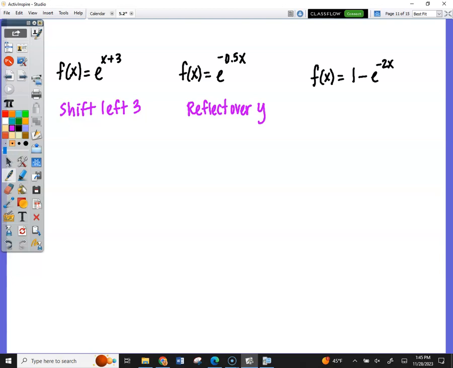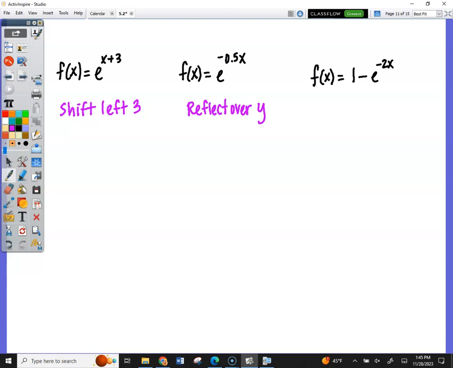I see 0.5, that would imply shrink, so it's actually stretch. And you also need to remember the direction. It is a horizontal stretch, and the way to remember that is x runs what direction? Horizontally. So anything next to the x is a horizontal transformation of some kind.